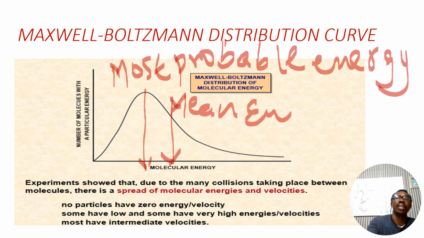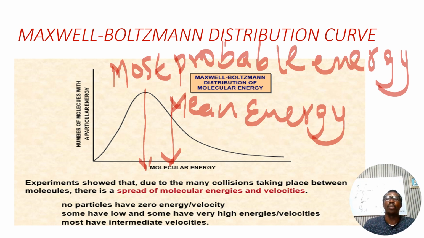So this gives a description of the Boltzmann distribution curve: there is a spread of molecular energies and velocities due to many collisions taking place between molecules. No particles have zero energy or velocity. Some have very low energy, some have very high energy, and most have intermediate energy or velocities.